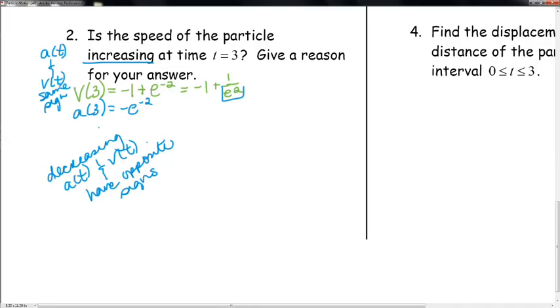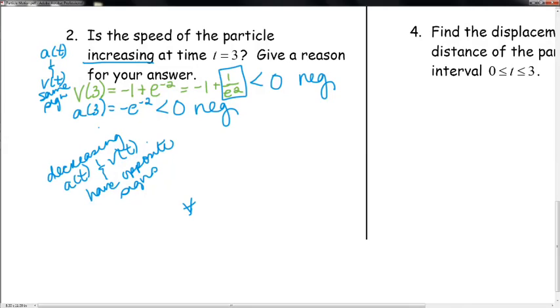So 1 over e squared, this number is very close to 0, so it's kind of like saying negative 1 plus 0. Well, that means this is a negative number. You can see from a of 3 that this also is going to be a negative number. And so since my acceleration and my velocity are both negative, that means my speed is increasing.